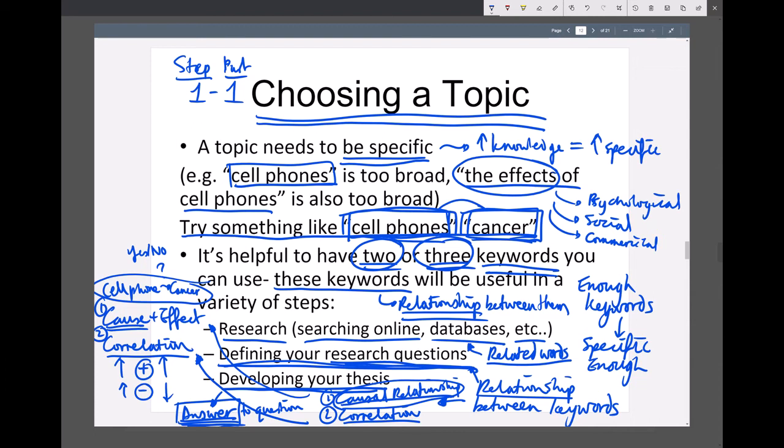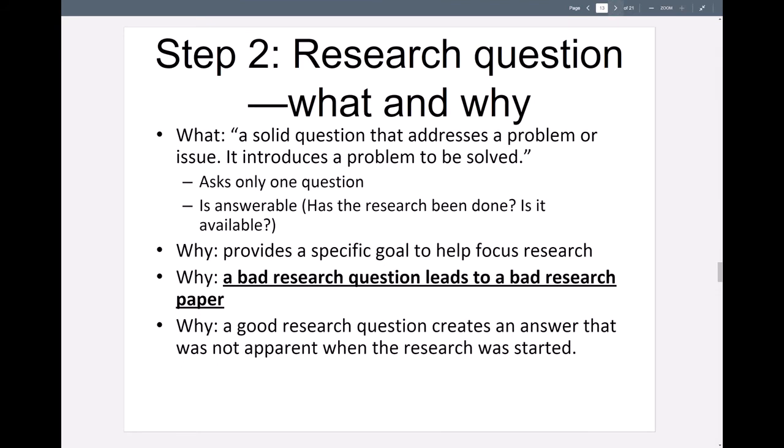A correlation example could be, if I use the cell phone more often, do I have more risk of cancer? Am I going to get cancer? Would it be more likely for me? It might be yes. If I use the cell phone more often, I am more likely to get cancer, or no. If I use the cell phone more often, I probably won't get cancer. So those are questions you could ask, and you would look for answers to those questions based on facts.